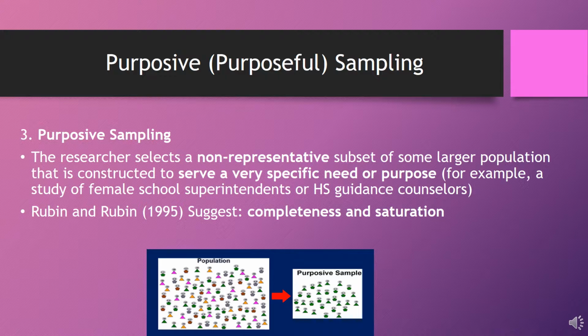Rubin and Rubin, 1995, suggest interviewees in a purposeful sampling design should pass two tests, a test for completeness and a test for saturation.